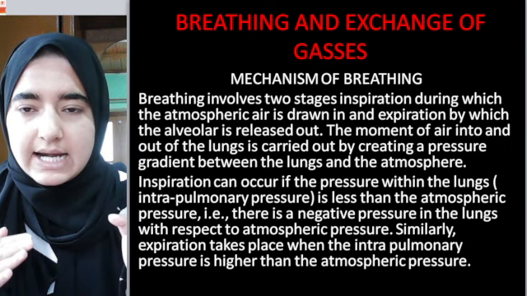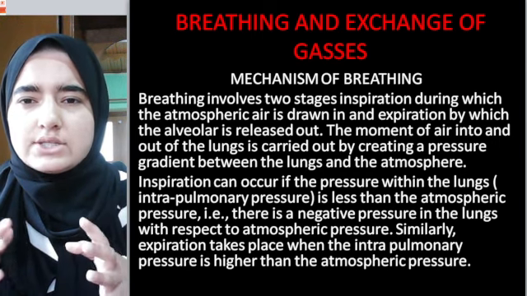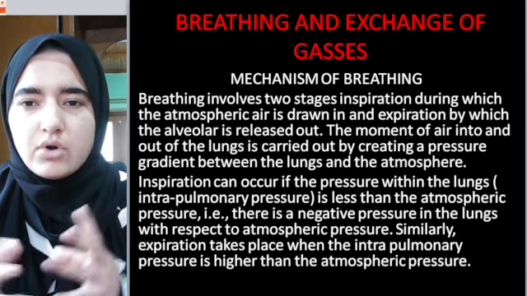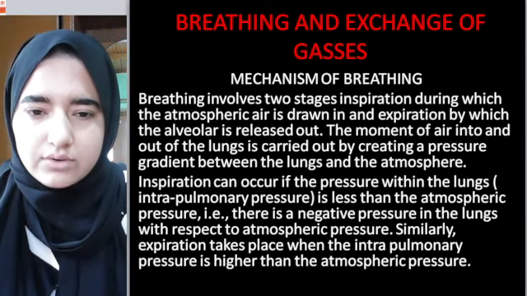As in the previous slide I said, it's an arrangement of the thoracic chamber, that there is a slight change in pressure, slight change in volume, only then atmospheric air can be drawn in and alveolar air can be drawn out.